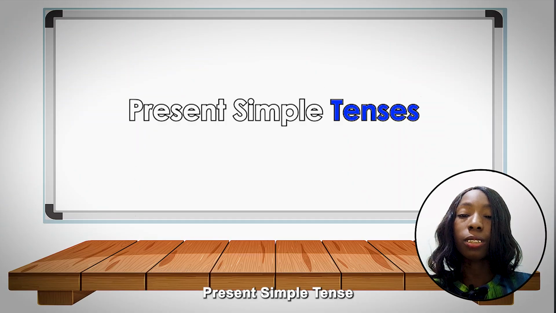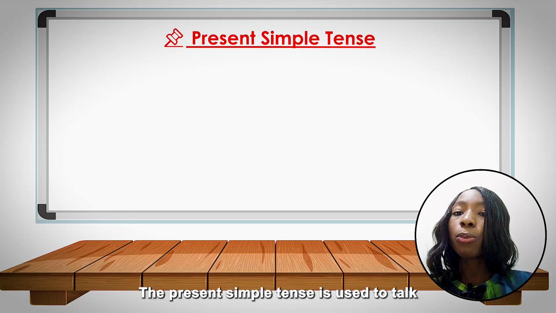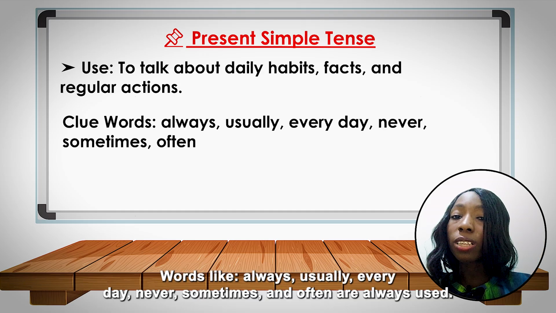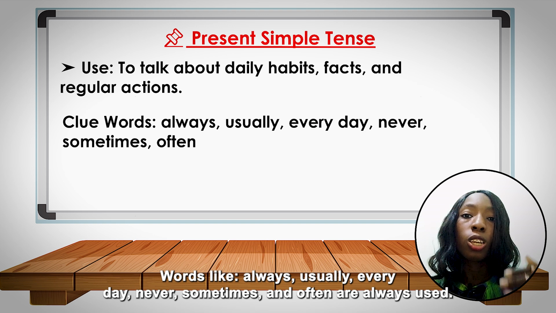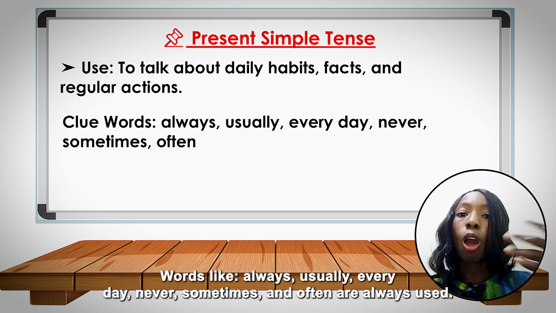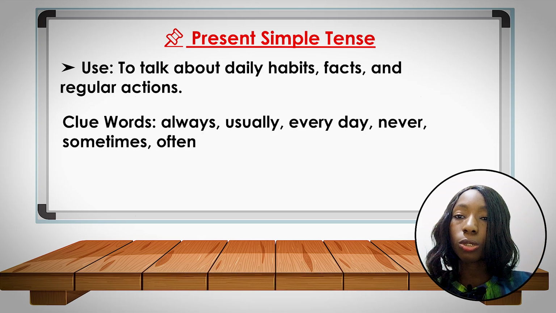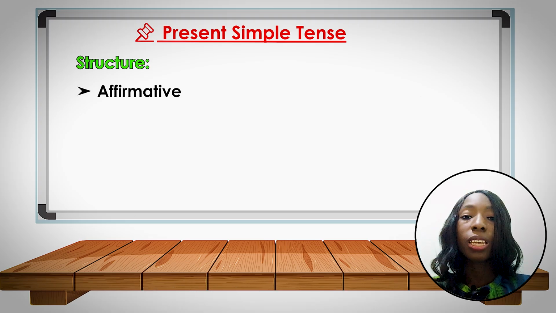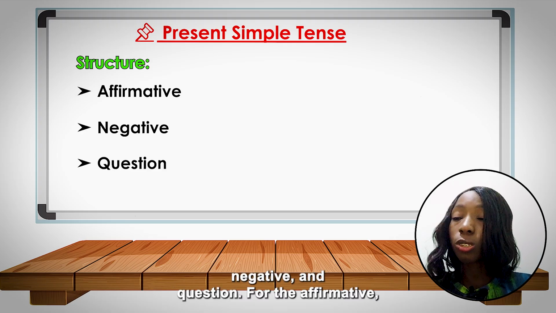Present simple tense. The present simple tense is used to talk about daily habits, facts, and regular actions. Words like always, usually, every day, never, sometimes, often are used. For the structure, we have affirmative, negative, and question.